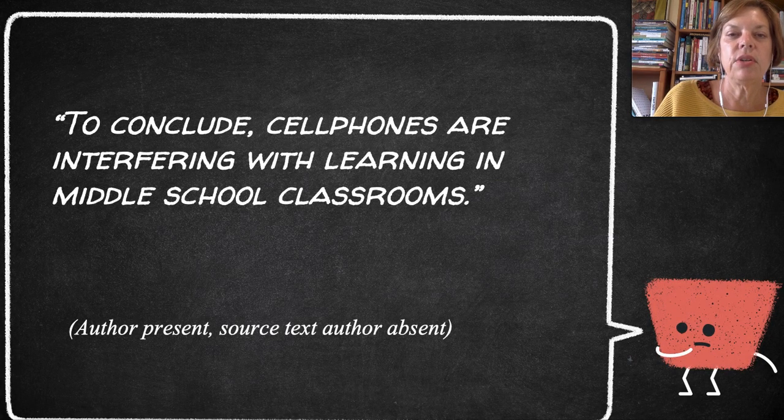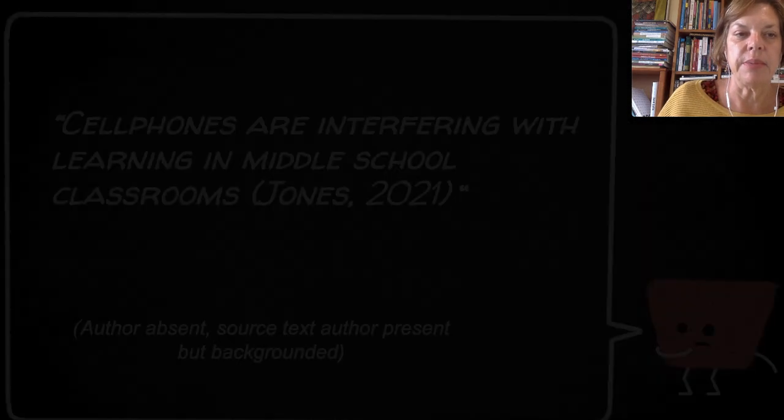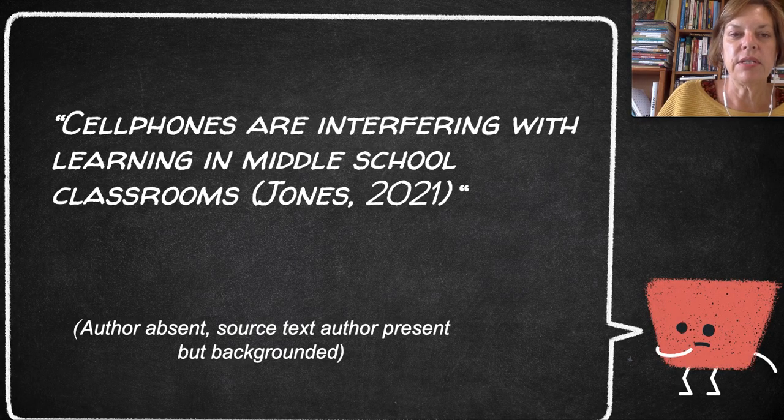So if we say, to conclude, cell phones are interfering with learning in middle school classrooms, then we can see that you have now become more present in that sentence, but it's still fairly neutral. You're just concluding something. You're not positioning yourself on either side, but you have inserted yourself into the sentence. But the source text author is still absent. We go on to the next one.